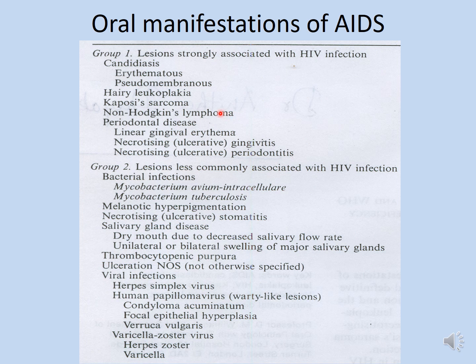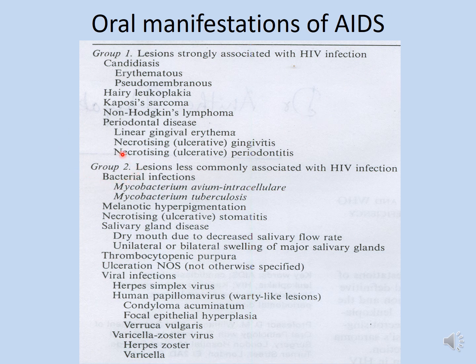Many times, a patient could present with these lesions in the orofacial region. And the last is periodontal disease, under which you have linear gingival erythema, necrotizing ulcerative gingivitis, and necrotizing ulcerative periodontitis. So these five lesions are very strongly associated with HIV infection.